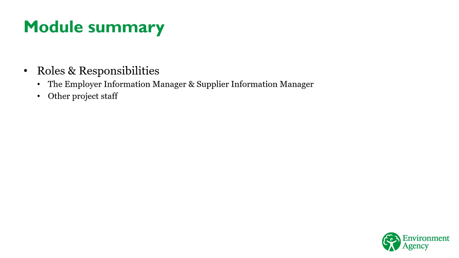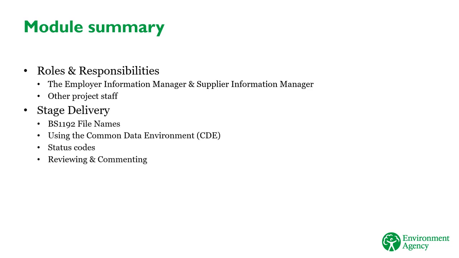Then you learned about what needs to happen during the delivery of a project stage. You saw how BS1192 file names are crucial for recording the metadata we use to classify information and the role of the common data environment to facilitate the transfer of information and data.